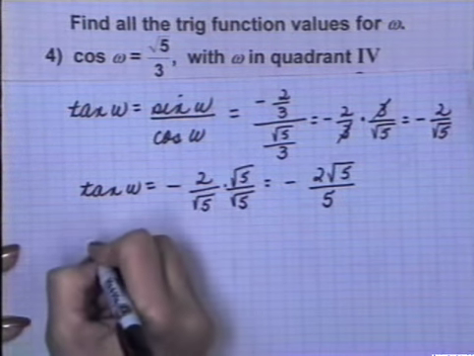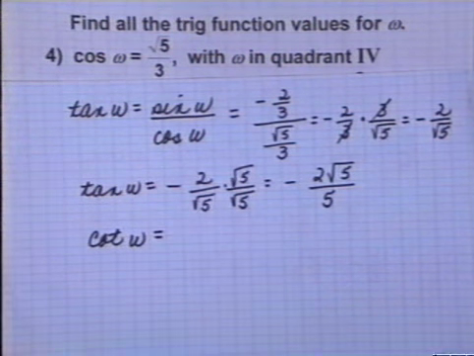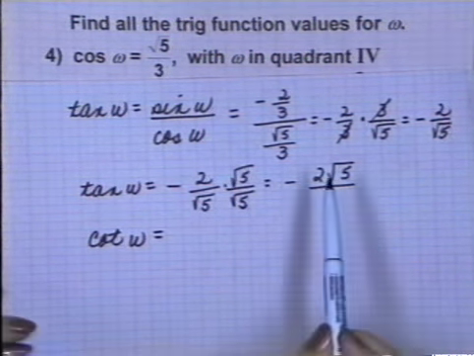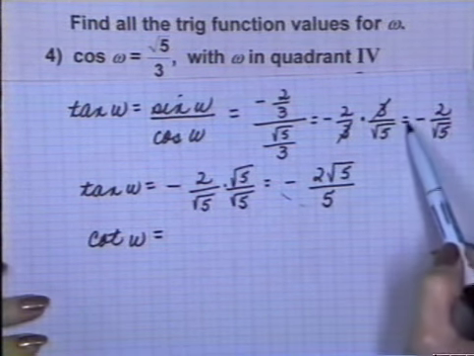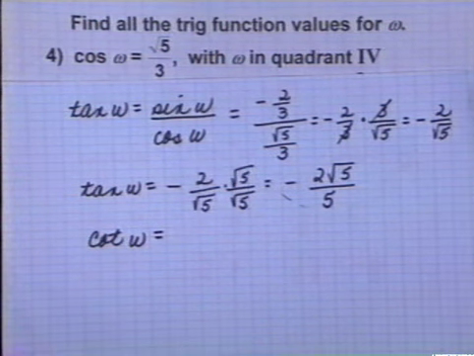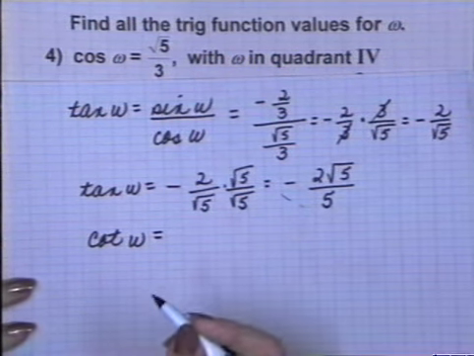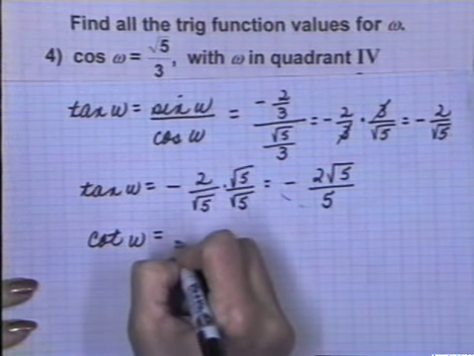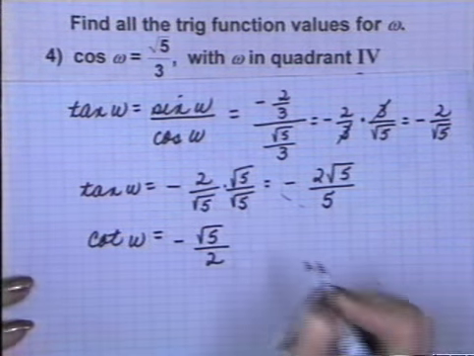Now the last function I need is the cotangent of omega, and once again I could use the reciprocal here, and that is probably what I would do. So let's see, the reciprocal of negative 2 over the square root of 5 would be minus the square root of 5 over 2.